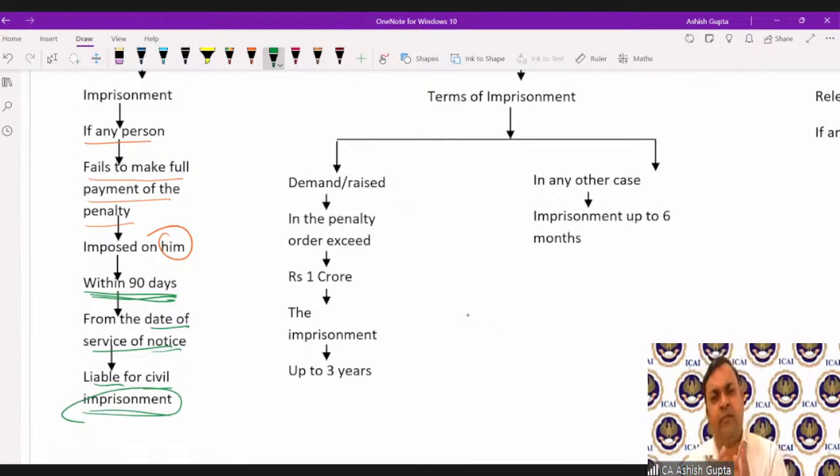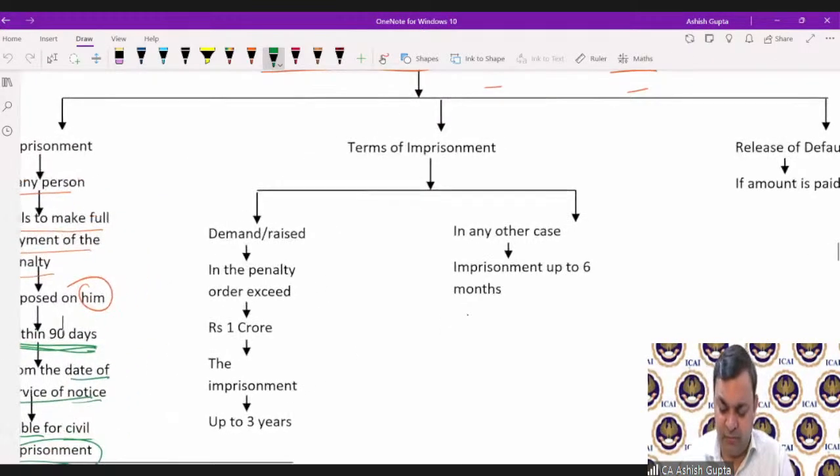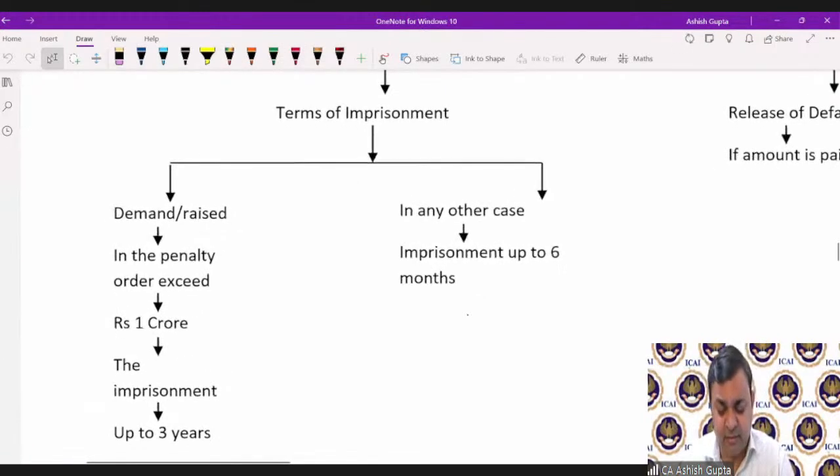If a person fails to pay the penalty within 90 days from the date of service of notice, then the law has prescribed that a civil imprisonment will be imposed. Now, what are the terms of imprisonment?